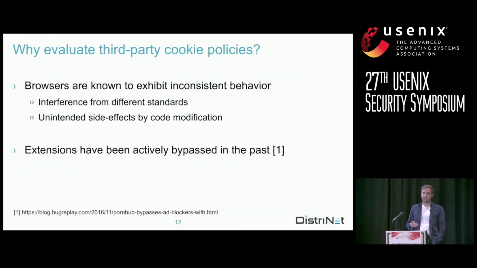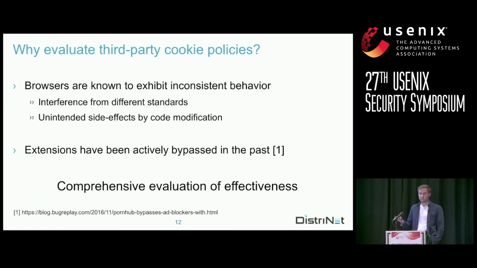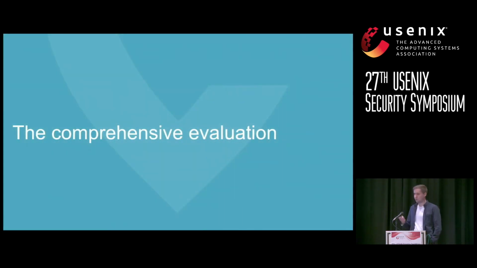Also, we know that extensions have been actively bypassed in the past. For example, by Pornhub, who bypassed ad blockers by using the WebSocket API. What we propose is a comprehensive evaluation of these policies based on effectiveness. And now I'm going to explain how we managed to do this.